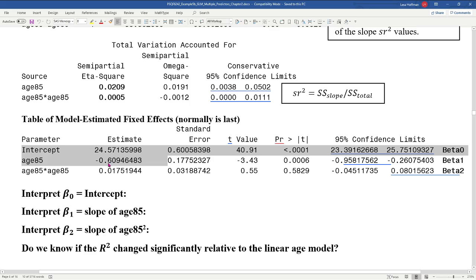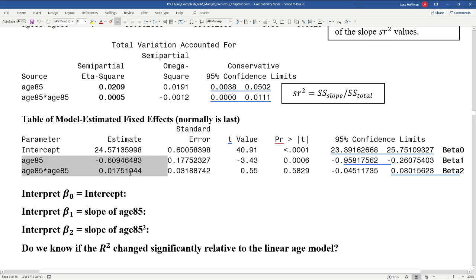So you can picture this as the slope that would be tangent to the curve at that point. At age 85, for every year older you are, you lose 0.6 of a score in cognition. What the quadratic slope is doing to it, this combination is going to be less negative. So the linear slope for age is negative.